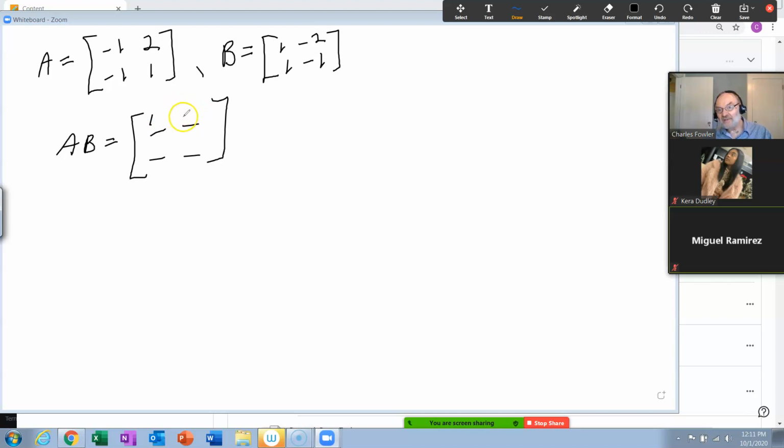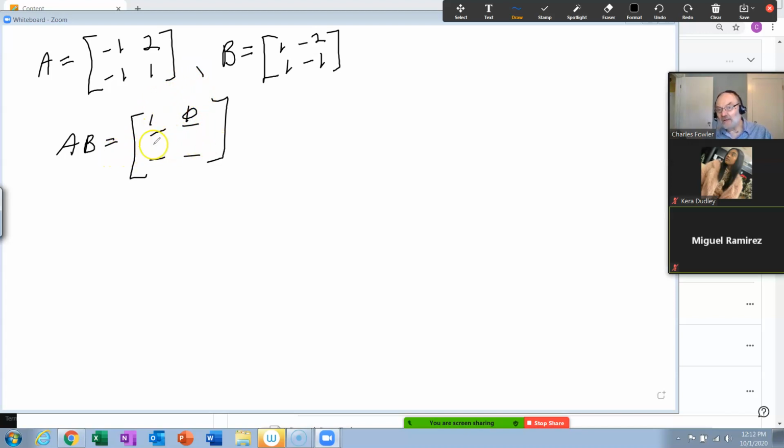To do the 1,2 entry, first row, second column, we do first row of A by the second column of B, and that would be -1 times -2 would be a +2, plus 2 times -1 would be a -2. Whoops, that's a 0. Well, good so far still.